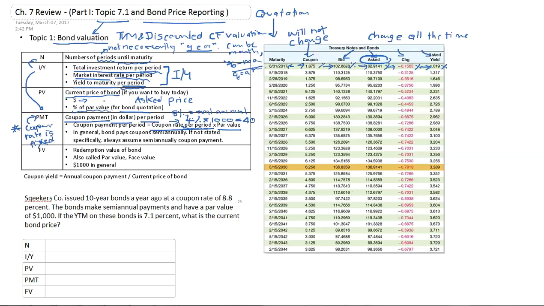So for the price sold today, sometimes you get it as a dollar amount, or sometimes you have to convert the percent quote price into a dollar amount yourself by looking at the ask price.